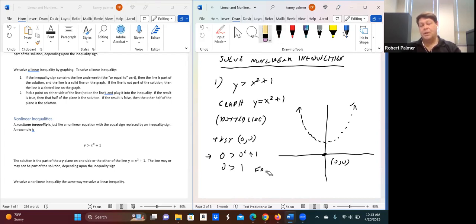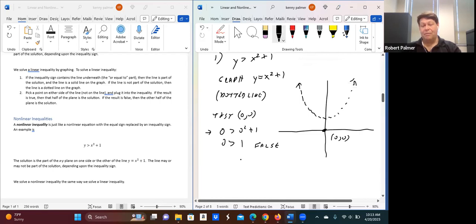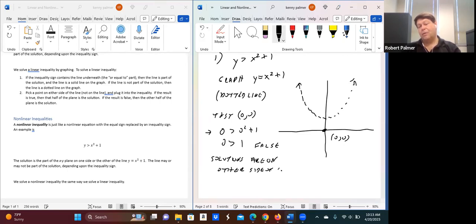And if it's false, what does that mean? Well, if it's false, that means the solutions are on the other side of the graph. If it had been true, the solutions would be on the same side. This means the solutions are on the other side of the graph.